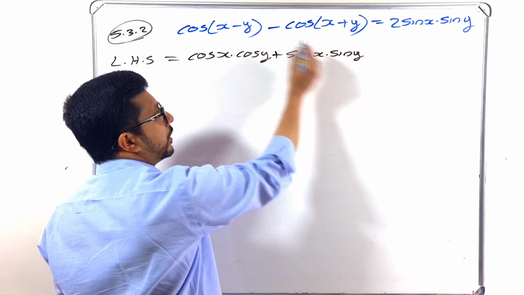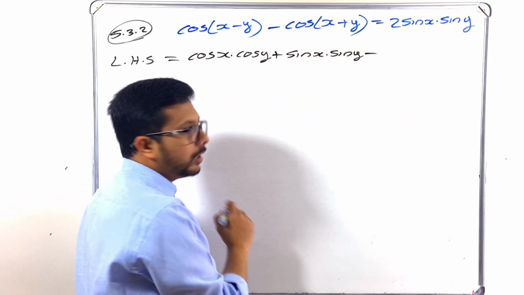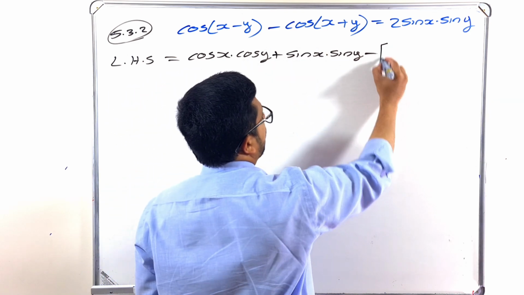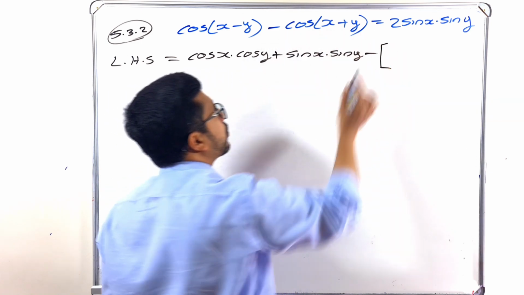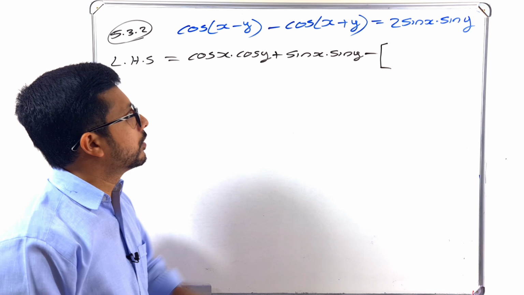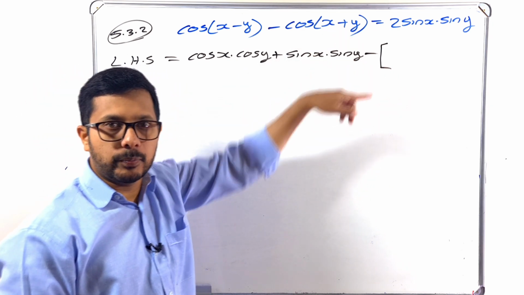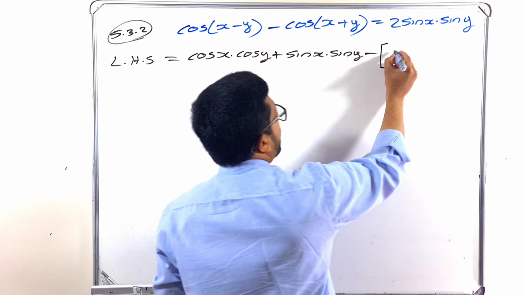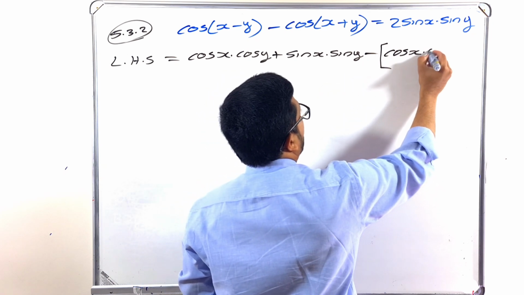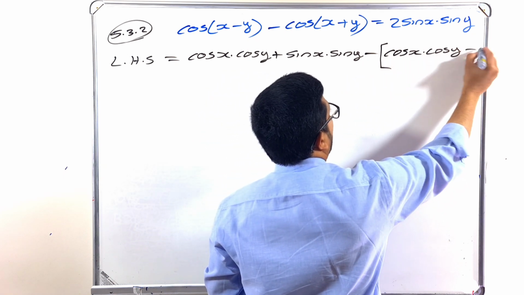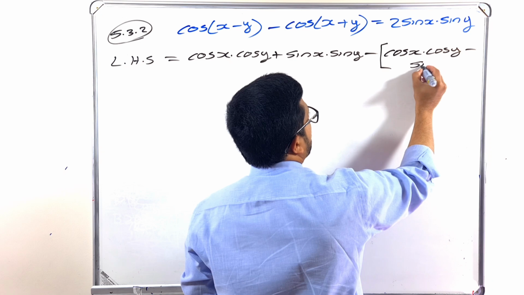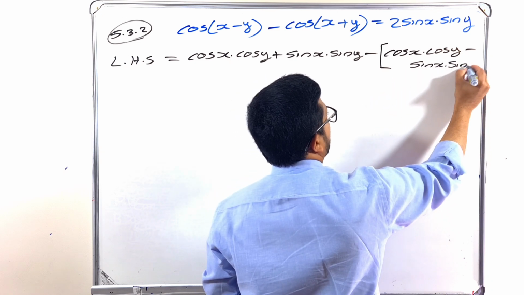Then this minus I'm going to put here. Then I'm going to expand cos of x plus y. Since here it is plus, the only difference is in the middle, it is minus. So it is cos x cos y, then minus sin x sin y.